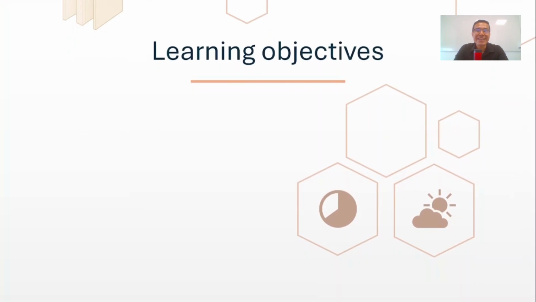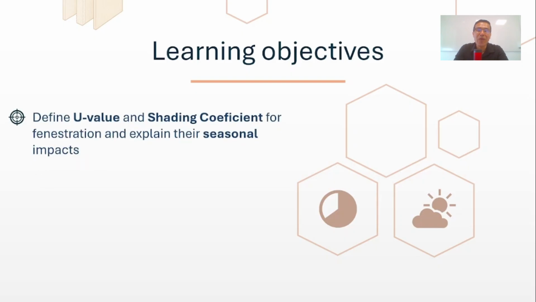Okay, let's look at what you'll be able to do once we are done with this video. By the end, you'll have the knowledge and skills to define and apply U-value and shading coefficient. Those are the two key numbers we'll be using.